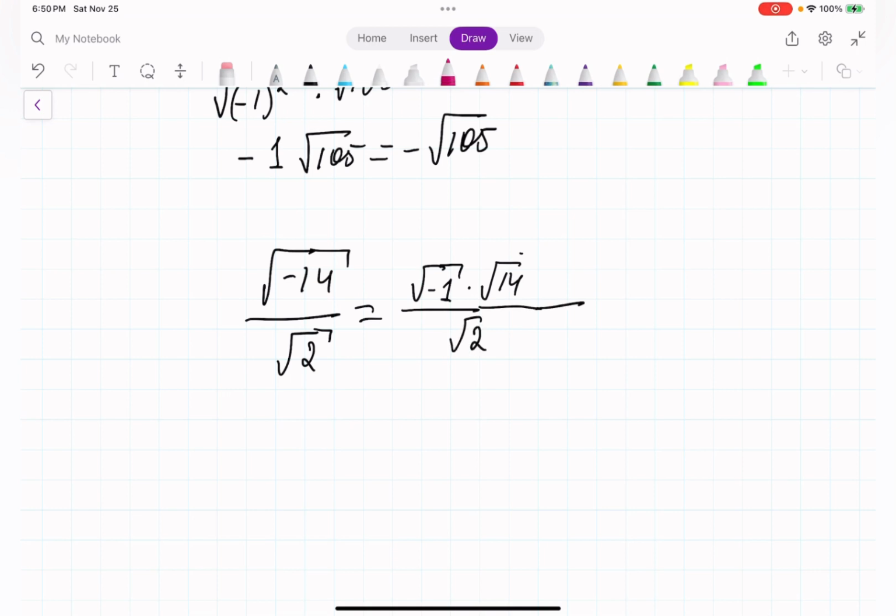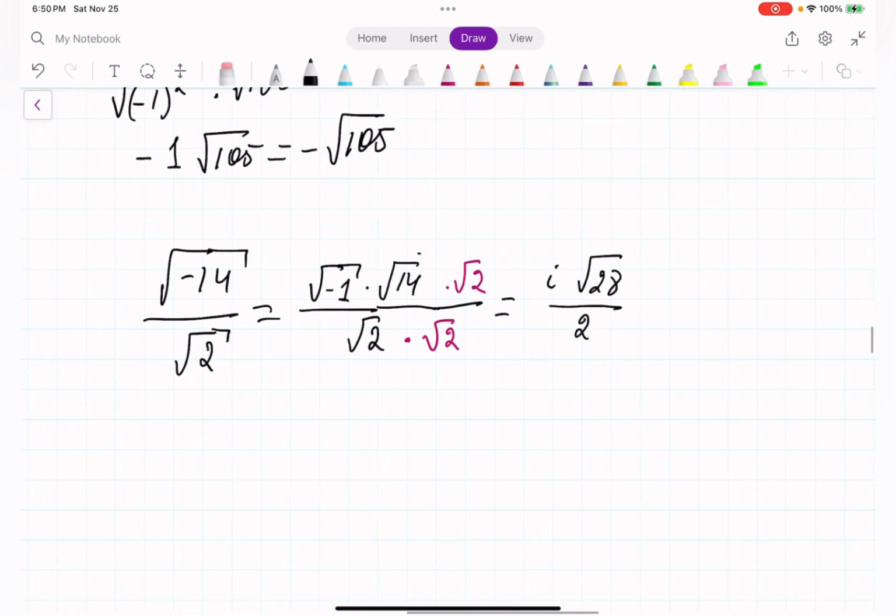And now, to rationalize, I'm multiplying square root 2 here, multiplying square root 2 here, which is going to give me square root of negative 1, it's going to be I, right? And 14 times 2, it's going to be square root 28. Here I get a clean 2. Square root 28, I can break down into square root 4, square root 7.